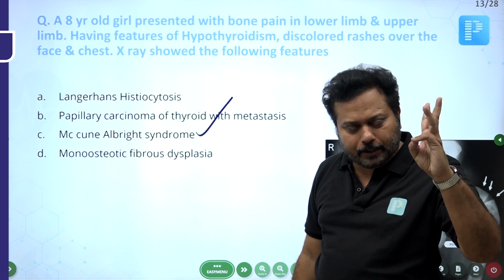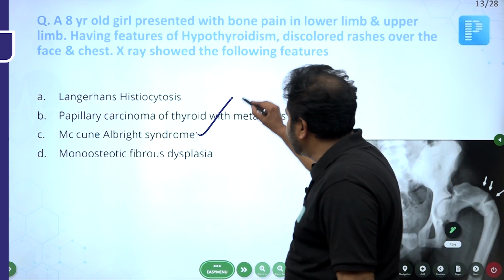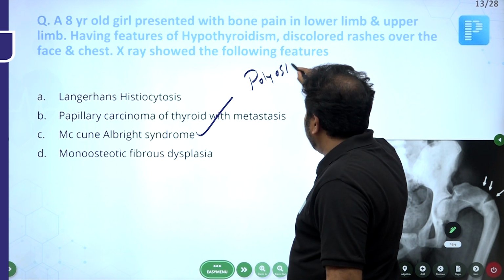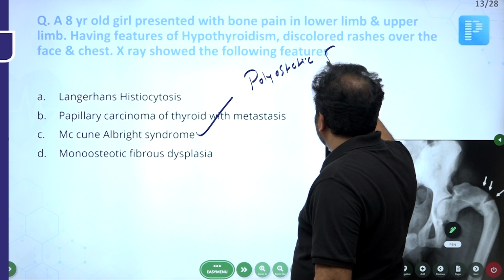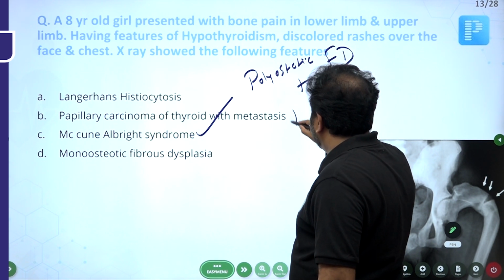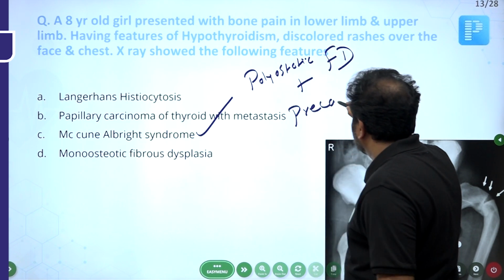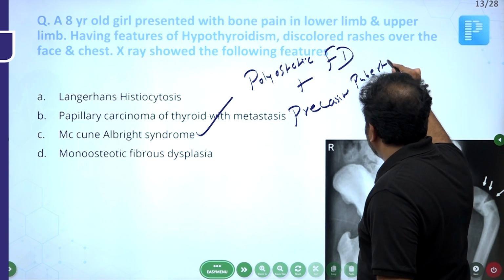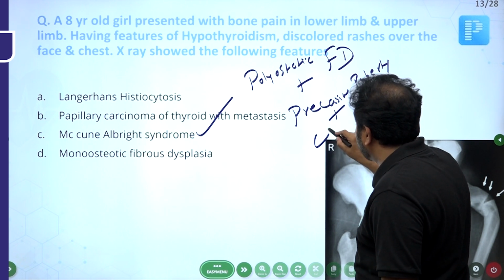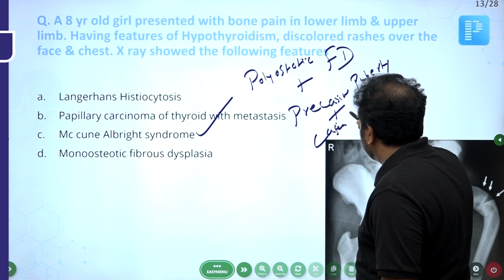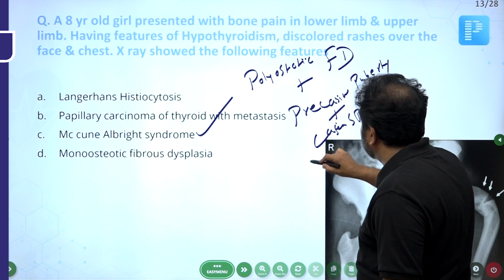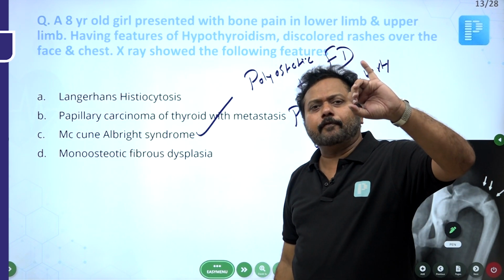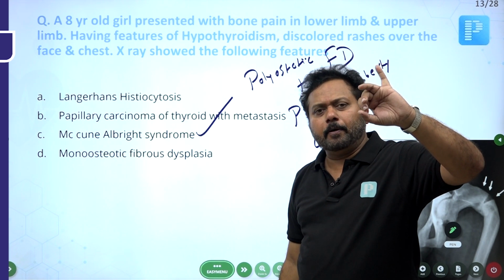It is a combination of polyostotic fibrous dysplasia plus precocious puberty plus café-au-lait spots. So McCune-Albright syndrome is polyostotic fibrous dysplasia, precocious puberty, and café-au-lait spots.